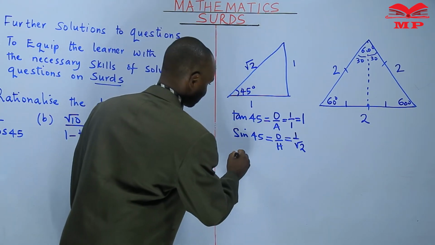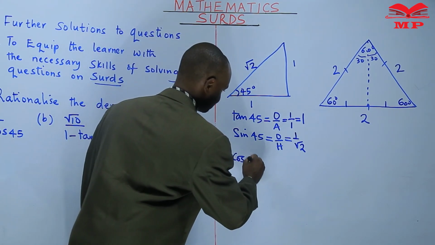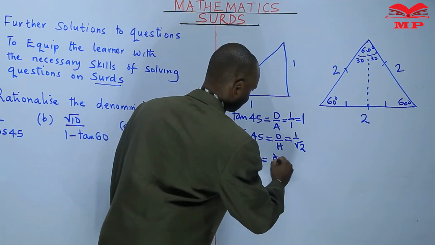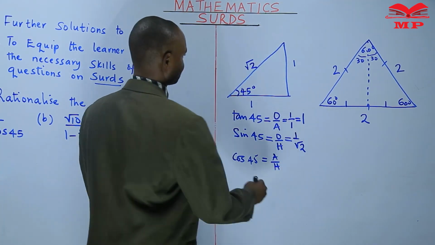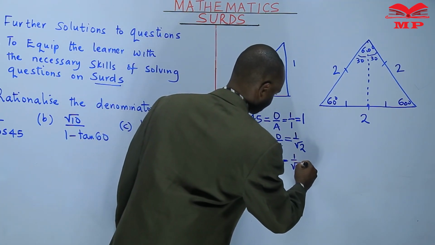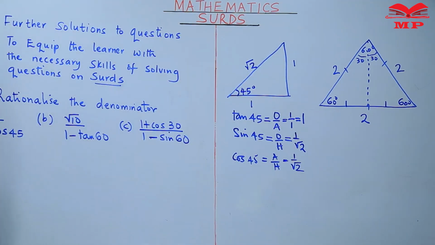You can get the cosine of 45: adjacent over hypotenuse, 1 over square root of 2. Some of them are in surd form.